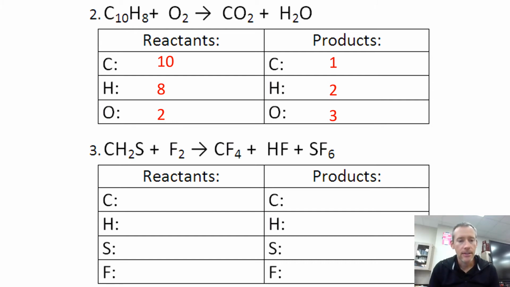All right, number 3 example, carbon is 1, H is 2, sulfur is 1, fluorine is 2. Here, carbon on the product side is 1, hydrogen is 1, sulfur is 1, and then how many F's? If you said 11, you are correct. 4 from the first one, 1 from the second one, and 6 from the third one. So you've got to add them all up.